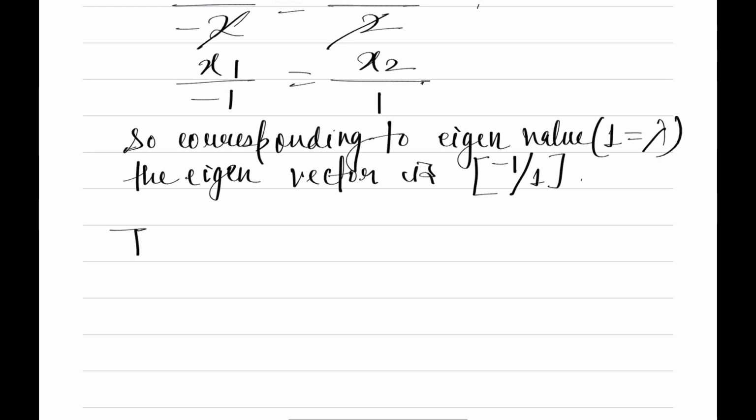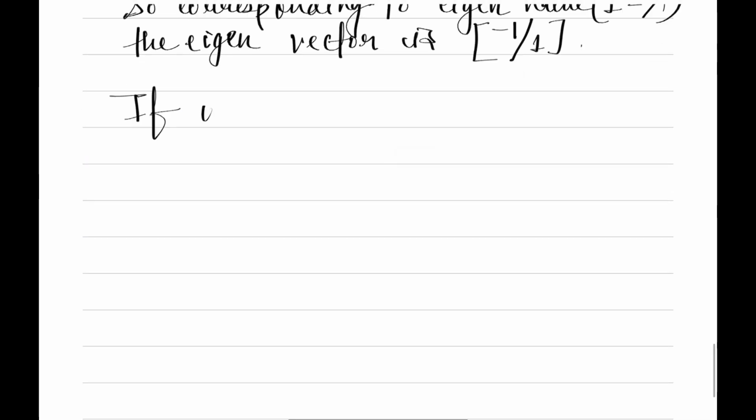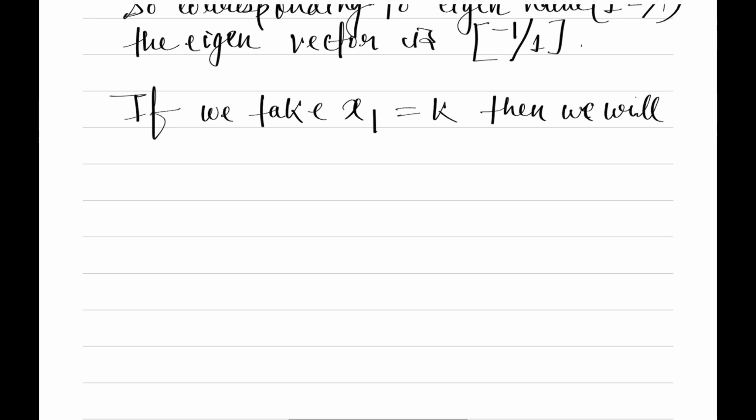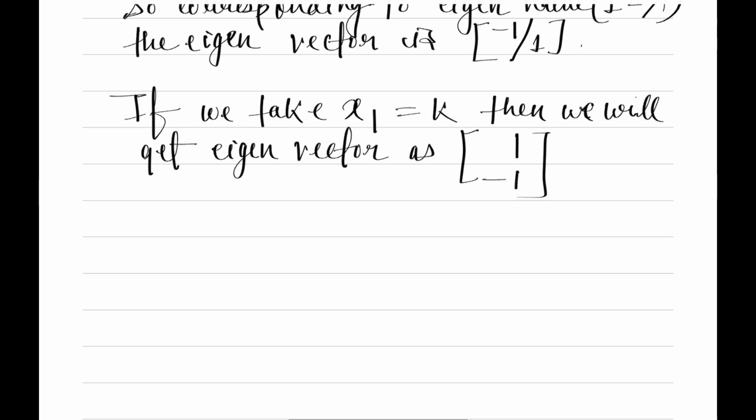If we take x1 as k, then we will get the eigenvector as 1 and minus 1.